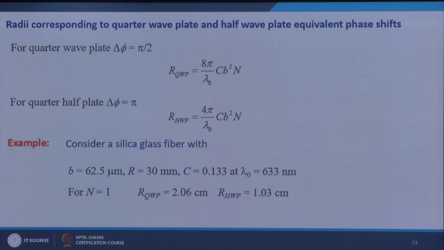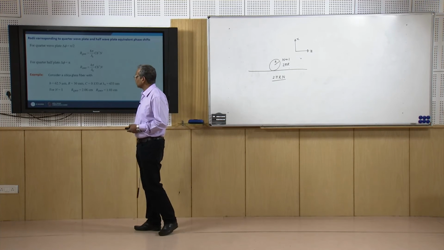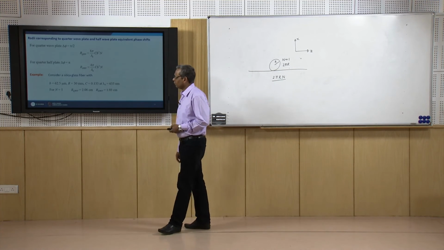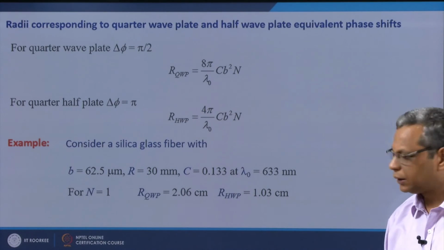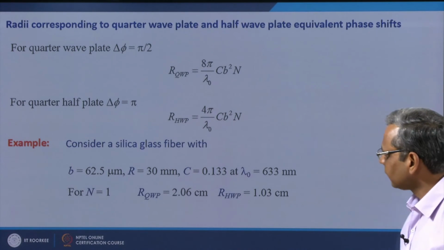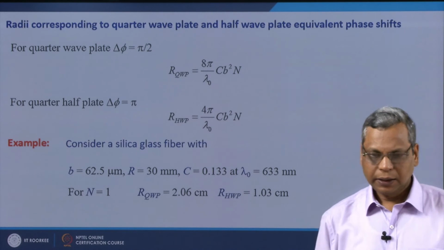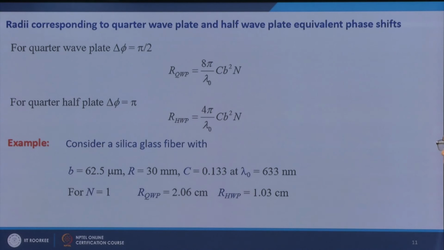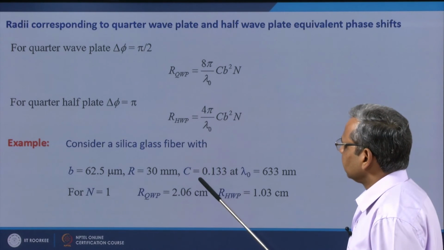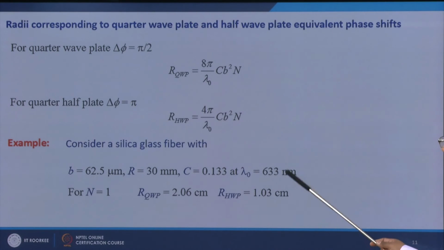What are typical values of these radii? If I consider a silica glass fiber with B is equal to 62.5 micrometer, which is the standard cladding radius, and I give it a band of about 3 centimeter radius, and I consider, let us say, C approximately equal to 0.133 at lambda naught is equal to 633 nanometer.